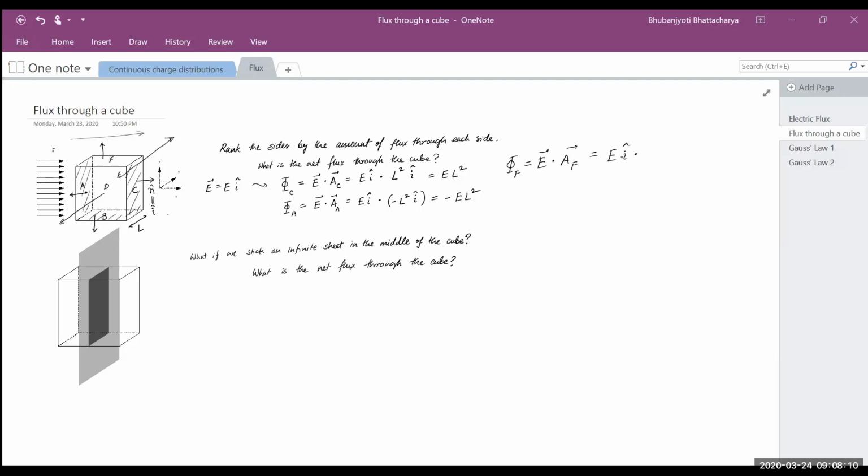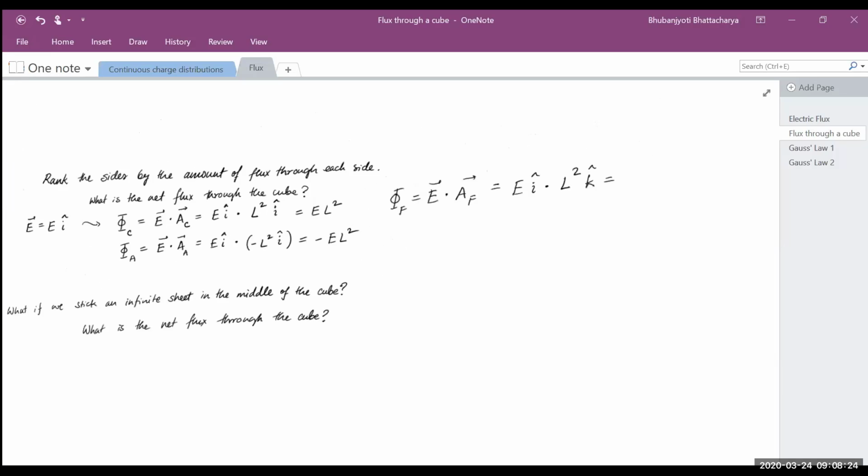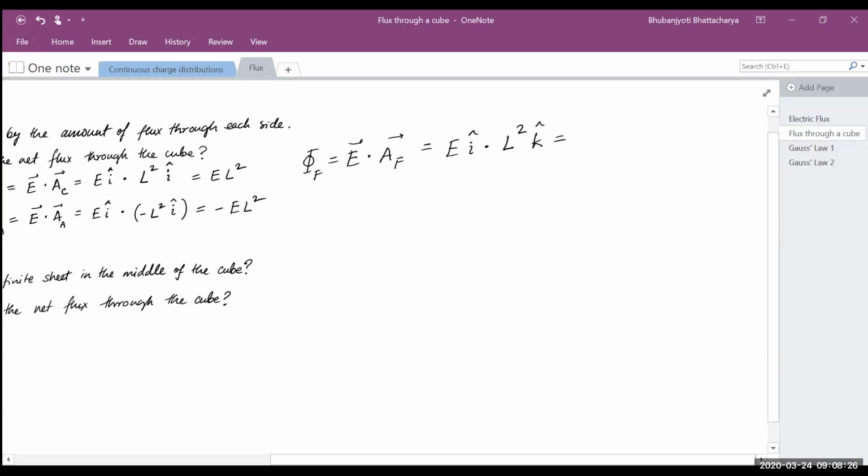But remember, since this is a cube, the lengths are all the same. So the area of F is still L squared, but the vector in which F is pointing is along the Z direction, so this should be K hat. And if you remember your physics 1 class one more time, I hat dot K hat was 0 because I hat and K hat are perpendicular to each other. Two perpendicular vectors, if you take the dot product, you get a 0. So this answer is just 0.